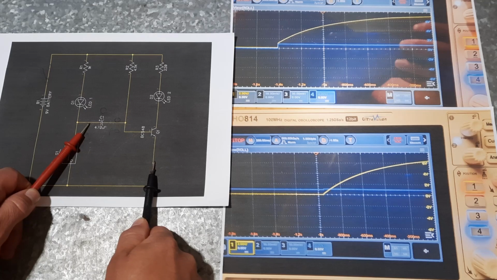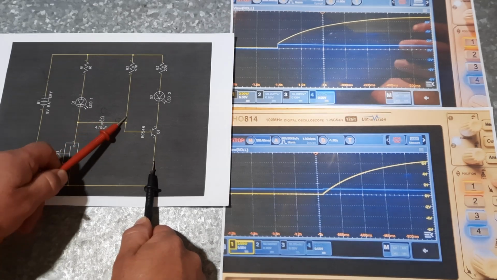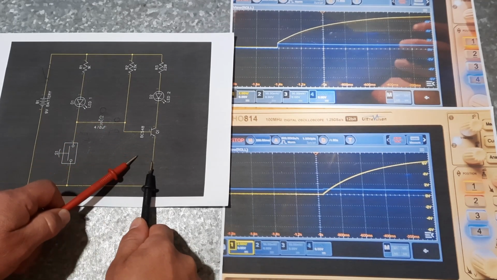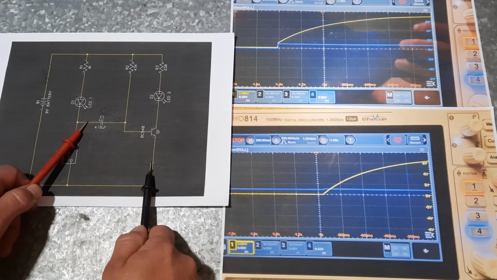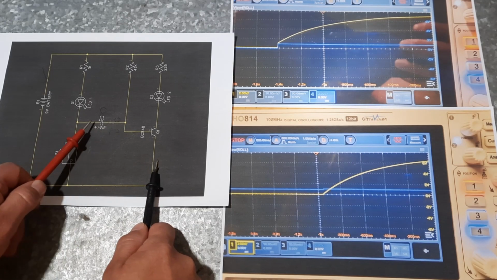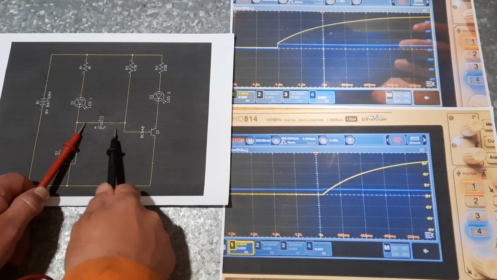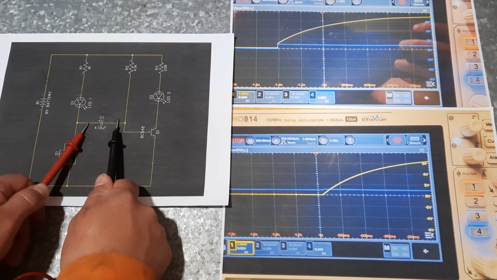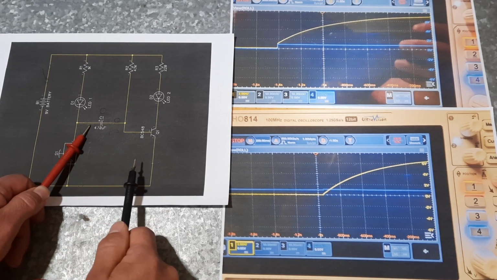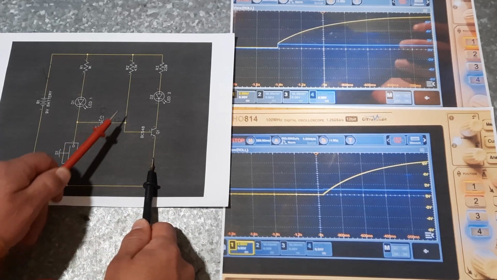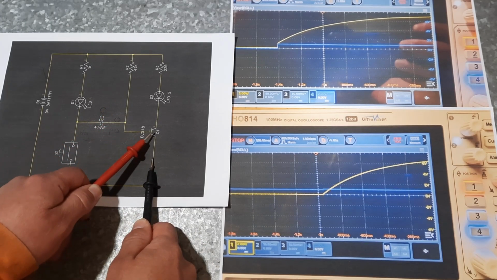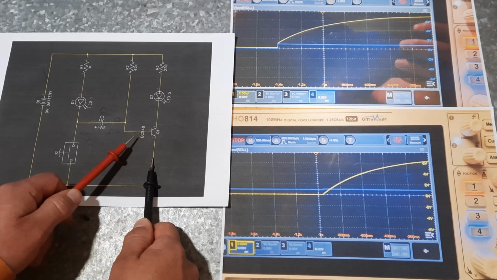Now there are 2 volt drops across that: the base emitter volt drop, and then whatever is across the cap. Well, if there's no charge in the cap, we can measure from here to here and there'll be 0 volts. But we're still measuring with our scope from here to here, so we need to take this volt drop into consideration as well.